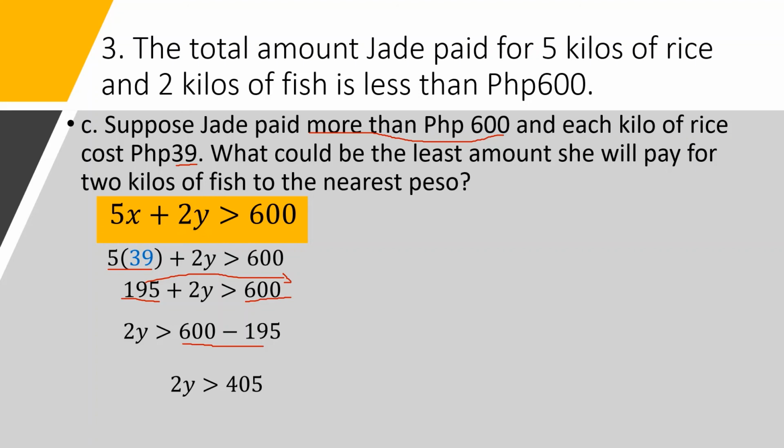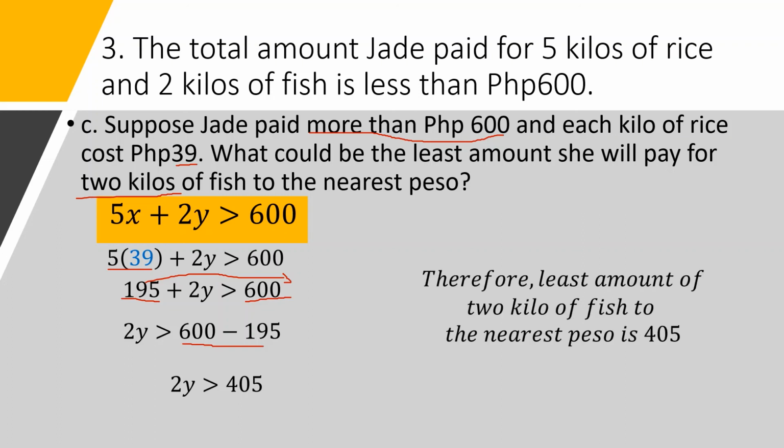For this time, our answer will be 405 because we are looking for the amount of 2 kilos of fish to the nearest peso. So, ibig sabihin, hindi na natin i-divide by 2 yung inequality because 2y represents 2 kilos of fish. So, therefore, least amount of 2 kilos of fish to the nearest peso is 405.